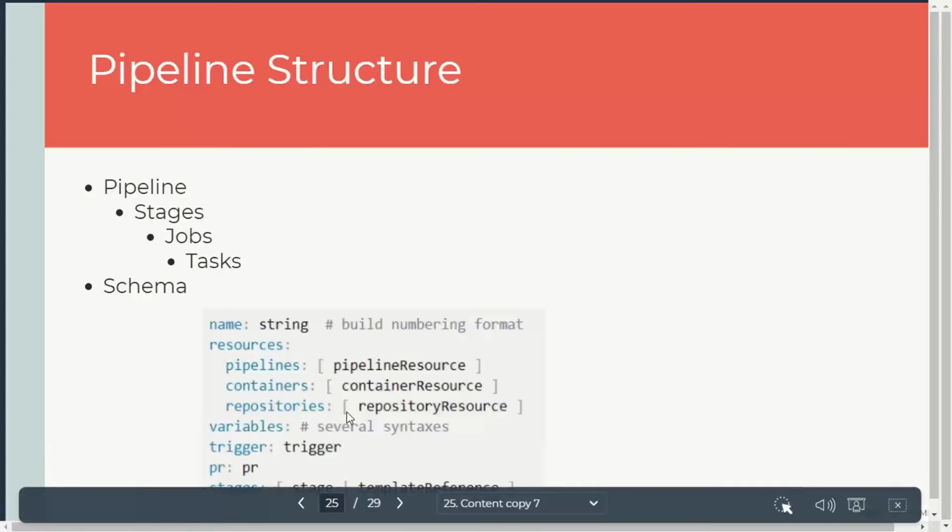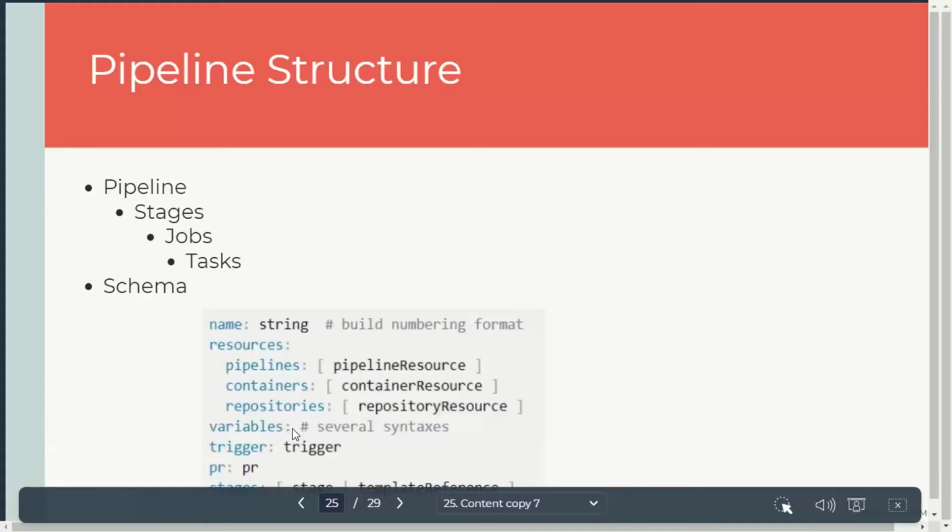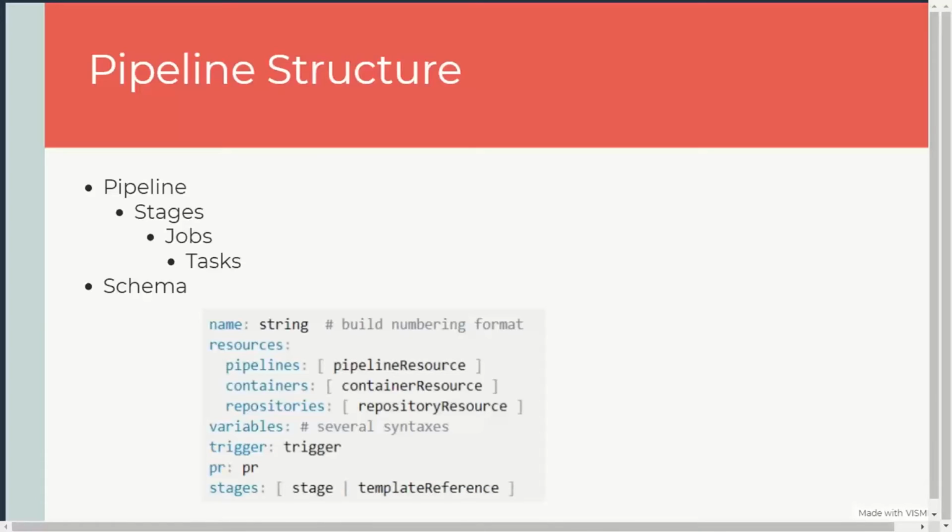Okay, and then the repositories, sometimes Azure Repos or GitHub. What is the repository name, we will provide it here. And then the variables we have also seen. If there is any customization we have done in the Azure pipelines, we can provide the variables in this variables block. And the trigger also we know, based on which branch we run the automatic trigger or automatic build.